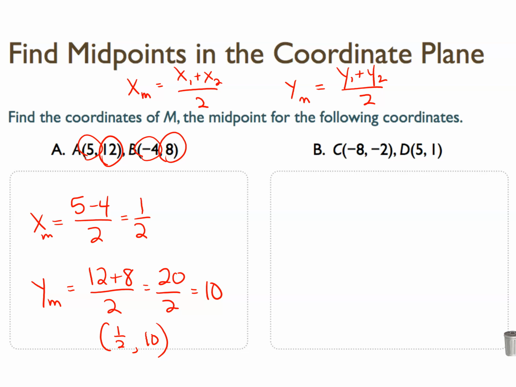All right, excuse me, my voice. X, the middle, equals the ends divided by 2. So that would be -1.5.